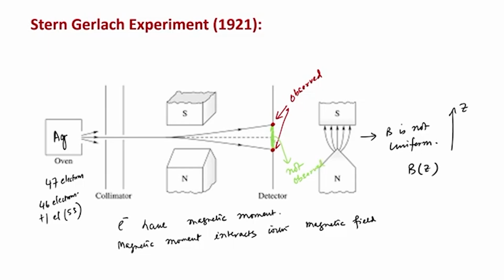So, that tells you that it takes two extreme values, but does not take any value in between these two values. And this tells you that this mu actually has only two possible values, and in those days it was referred to as space quantization.